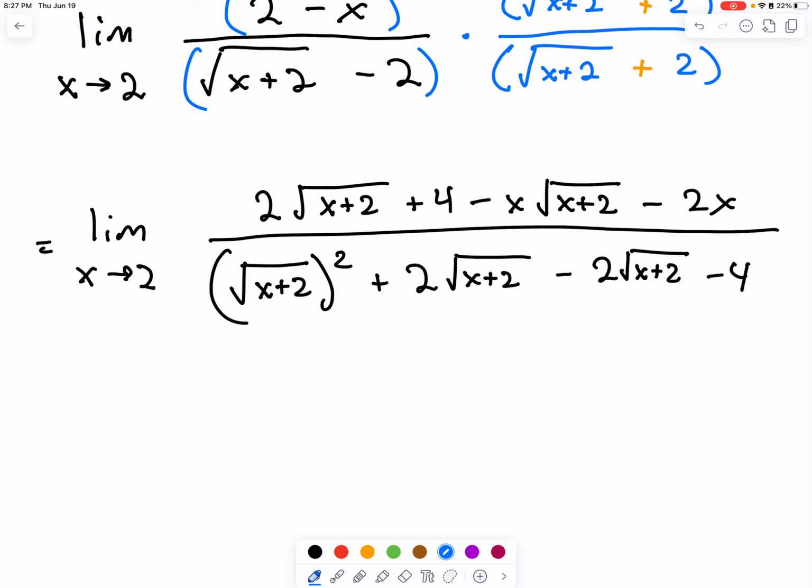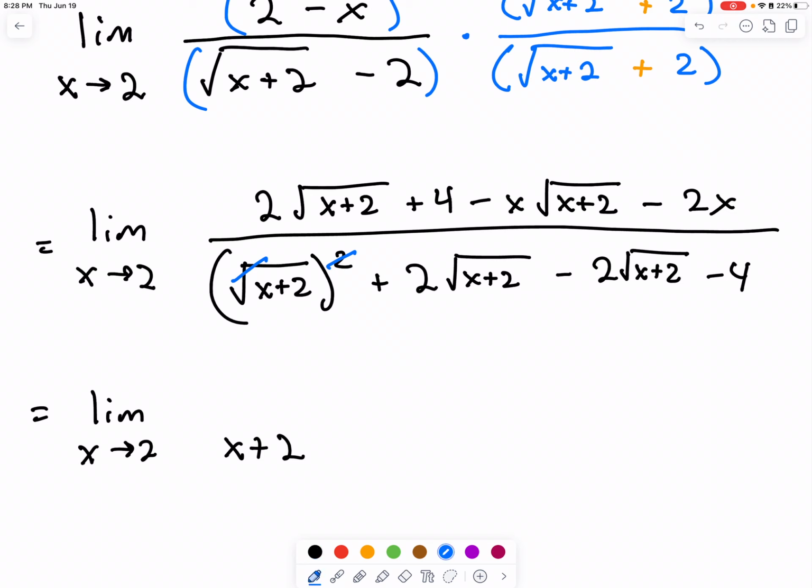For instance, we have the squared and the square root, and essentially these cancel each other, so the first part just comes down. Then for that first term, we have x plus 2.